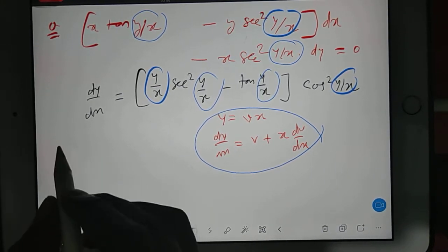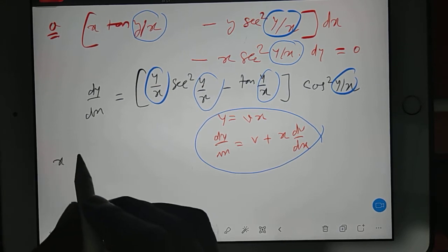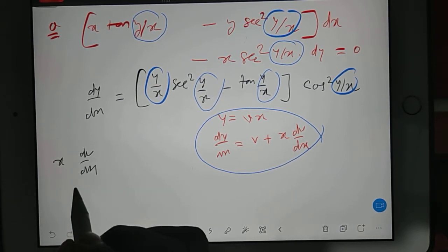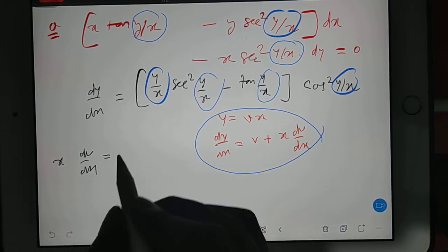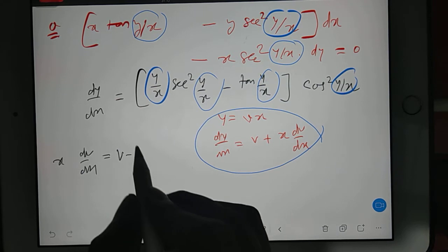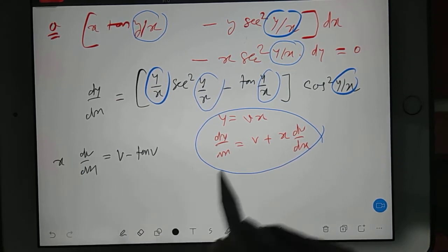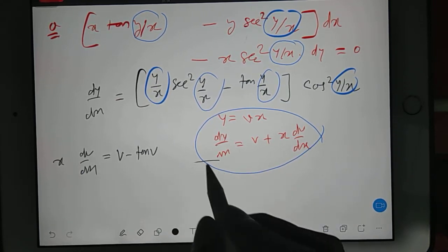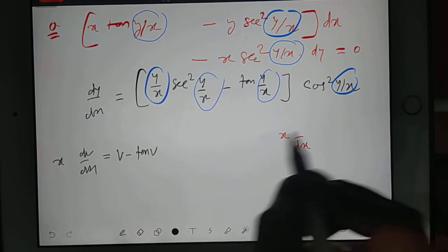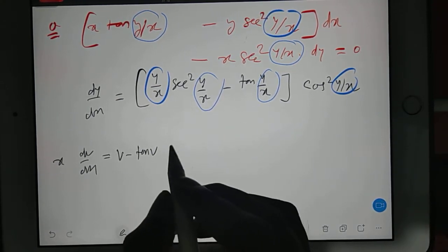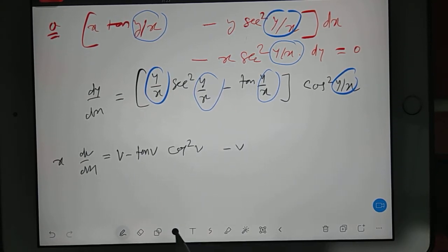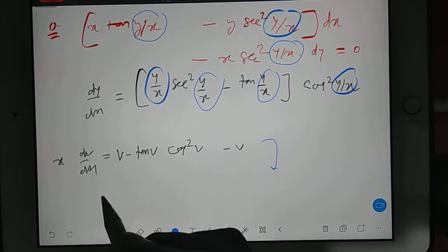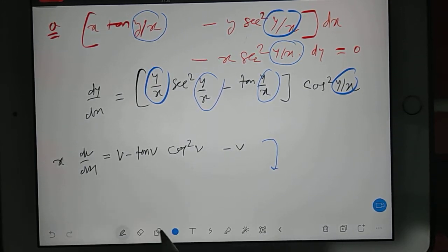then you will be getting your equation, which will look like x dv by dx, the final format I'm writing, is equal to, I'm skipping one step, v minus tan v after this cos square v minus v, and then when you go forward, it is possible to separate the variable.